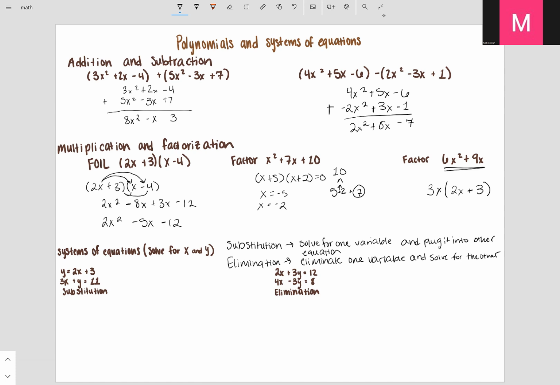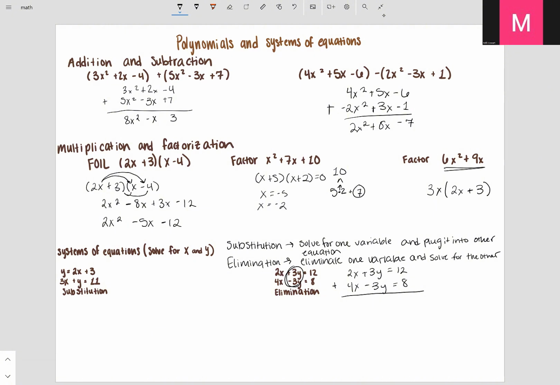So let's start with elimination. So we have 2x plus 3y equals 12, and 4x minus 3y equals 8. And since we have these two here, we can see that if we add these two equations together, those will disappear.